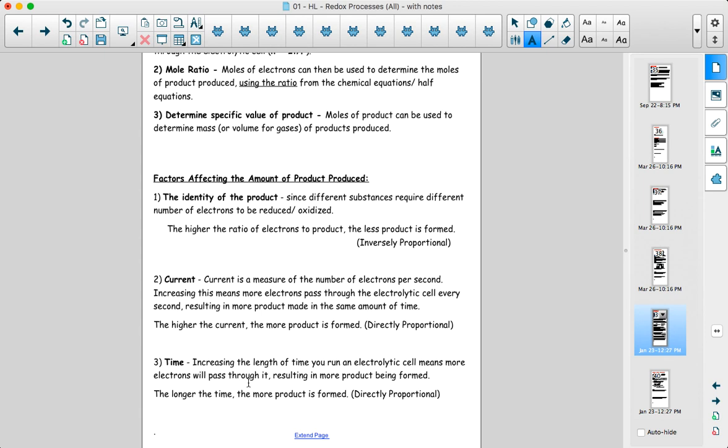And if you double the time, then at the same current, you will send through twice as many electrons because you're running it for twice as long. So you'll also double the amount of product. If you doubled both the current and the time, then you would expect to make 4 times as much product. So different factors affect the amount of product produced.